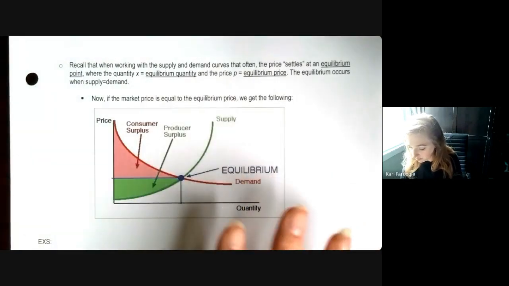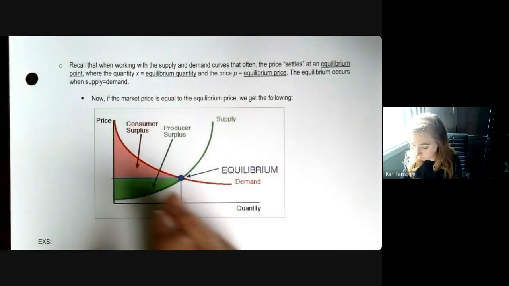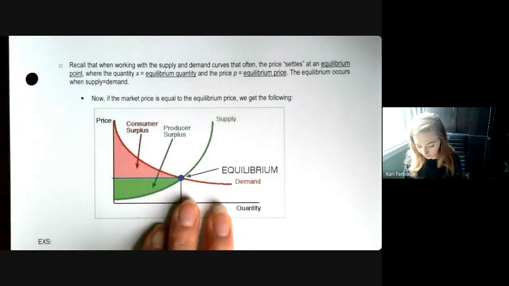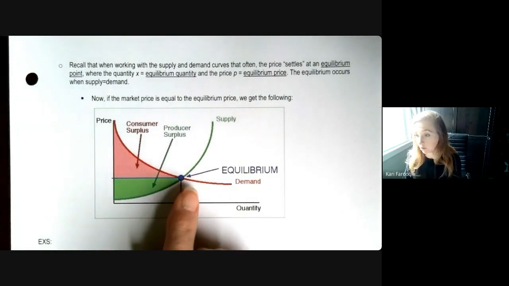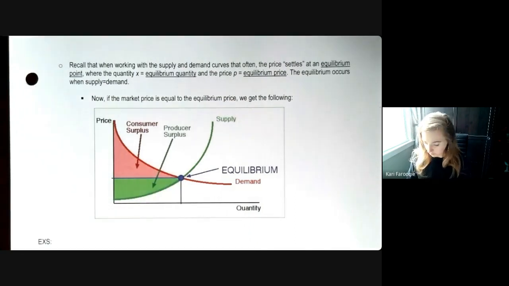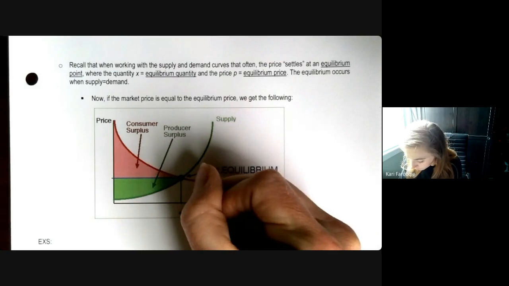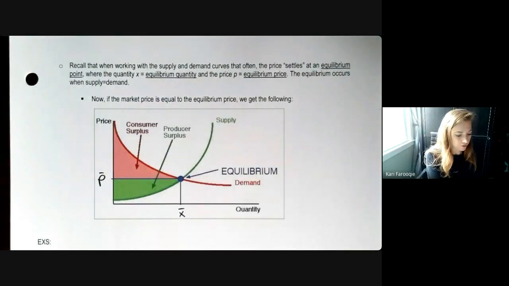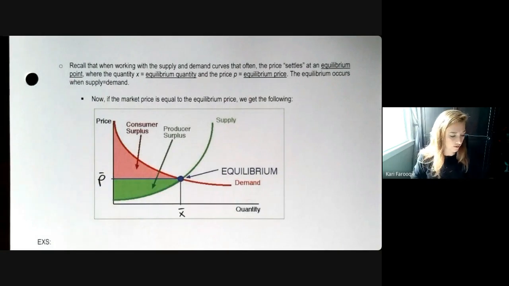You can see that represented on the graph. This point would correspond to the number of units, X bar, and on the Y-axis, we have this value of P bar.